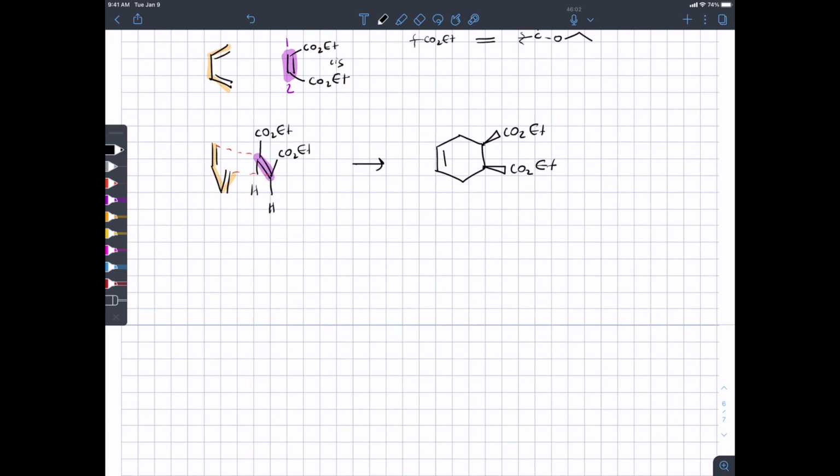Now, do we only get the up product? No, actually, it's totally fine for us to draw the olefin this way. The reason I didn't do that, though, is because that is actually the same meso product.